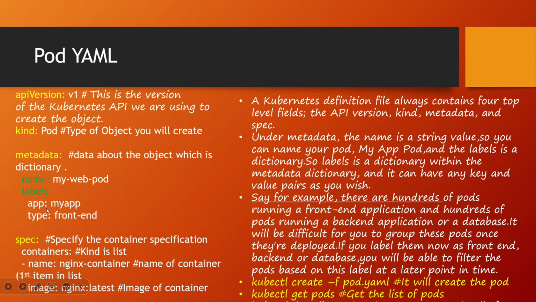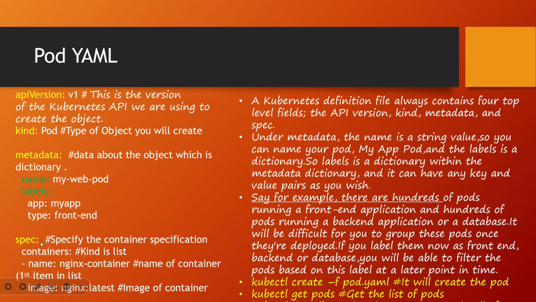Like if your application is front end type, then you can specify type as front end. If it's a database, you can mention the type as database or backend, anything you can specify under the label section. But inside the metadata, you have to specify name and labels, whatever is officially allowed, that you can mention over here.